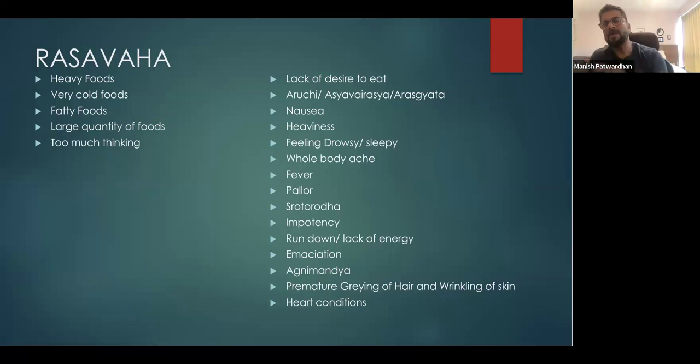And this losing interest is not just seen in cases of food with the Rasava Srotas disturbances, it is seen in a lot of other activities. You ask a person with the Rasava Srotas disturbance, if they had a liking for, say, sketching or painting or singing, they lose interest in that also.